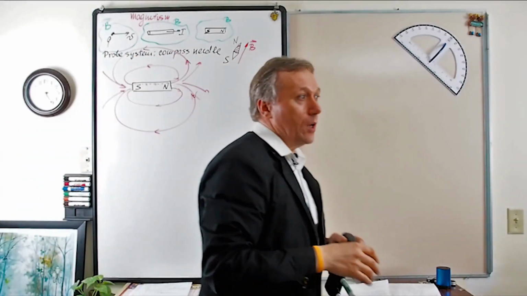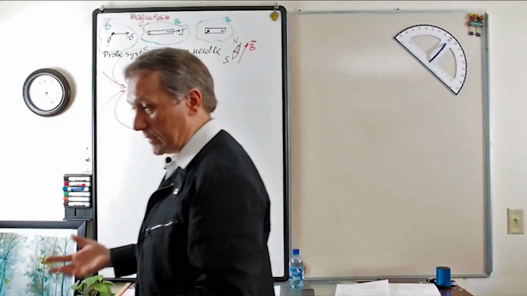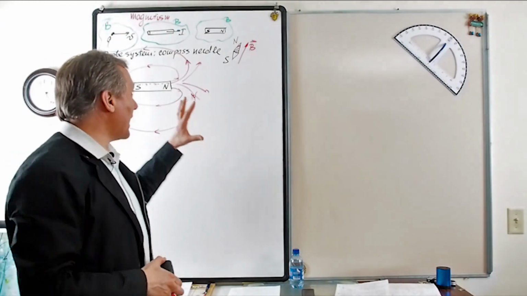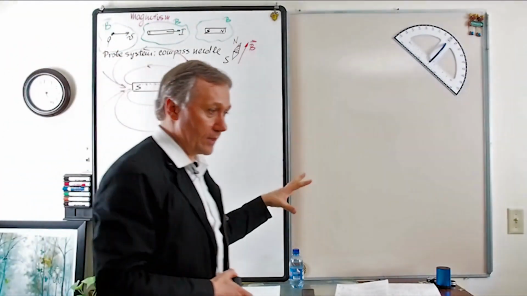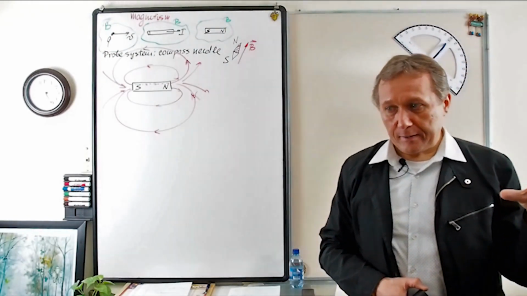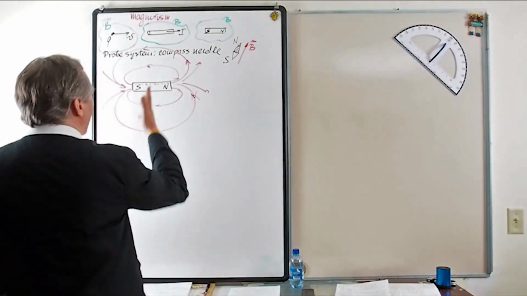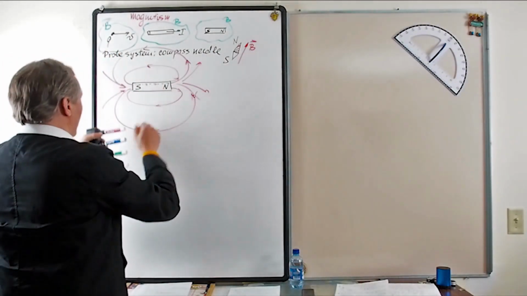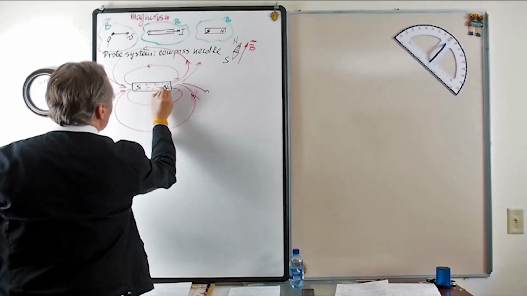So we use them to visualize magnetic field, because again, magnetic field is invisible. And the ideas behind magnetic field lines are very similar to the ideas which we used to visualize electric field, using electric field lines.